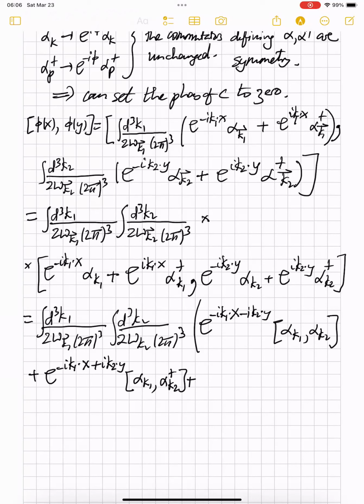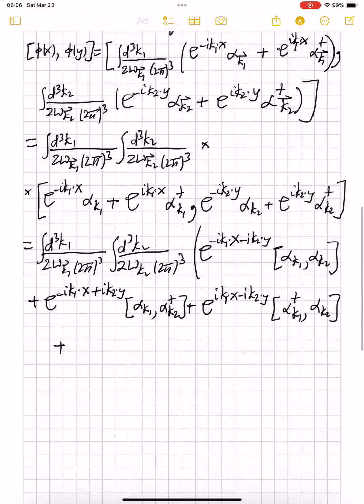Then we've got the two inner terms, e to the I k1 dot x minus I k2 dot y, and it's a commutator between alpha dagger k1 and alpha k2. And then we've got the two last terms. This is e to the I k1 dot x plus I k2 dot y, and we've got an alpha dagger k1 comma alpha dagger k2. Good.